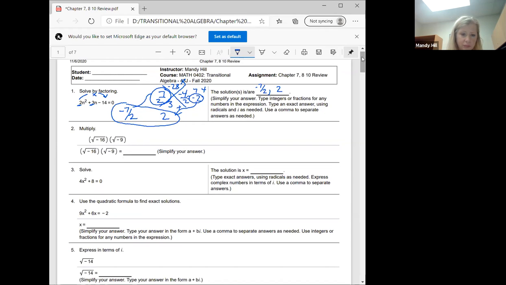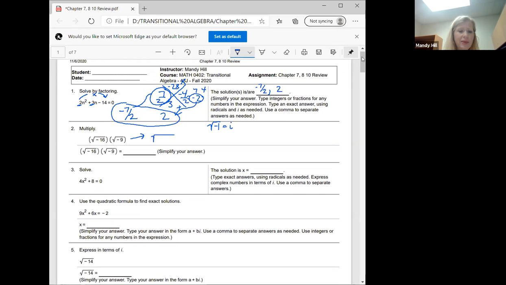Okay, this problem. I'm looking at these and I'm noticing that they're both imaginary because you can't take the square root of a negative number. So I'm just going to have you recall that the square root of -1 is i.